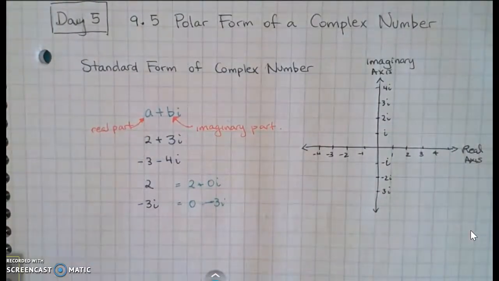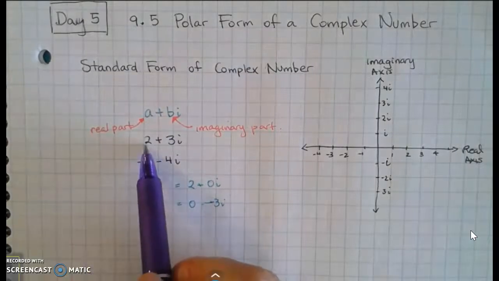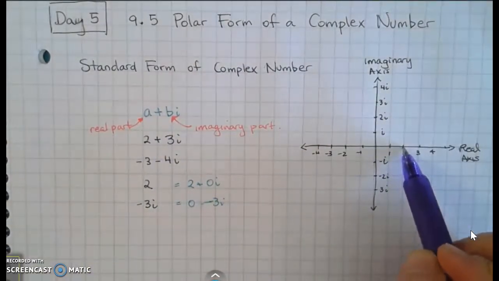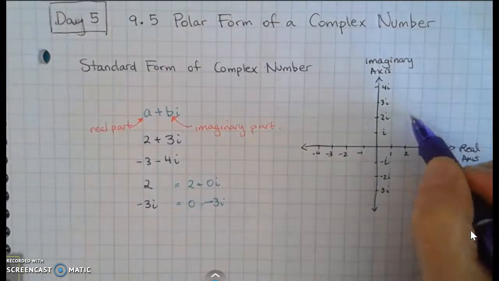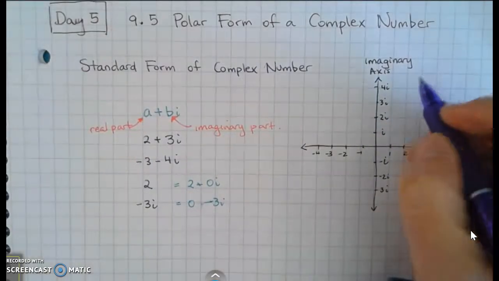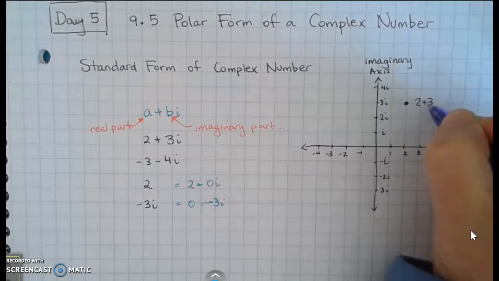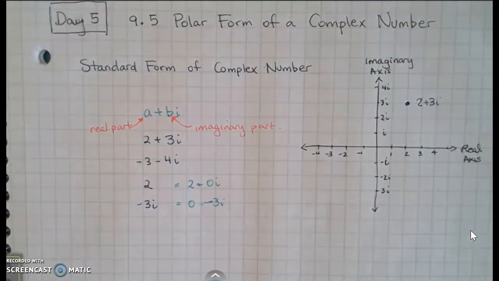2 plus 3i. So the real part is 2, so we go along 2 on the real axis, and the imaginary part is 3i, positive 3i. So this is going to be my 2 plus 3i. This is going to be my complex number.